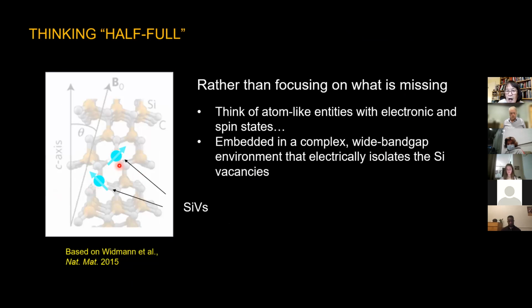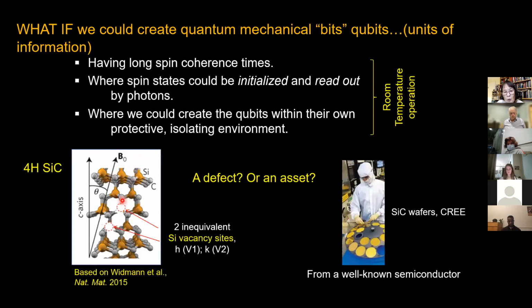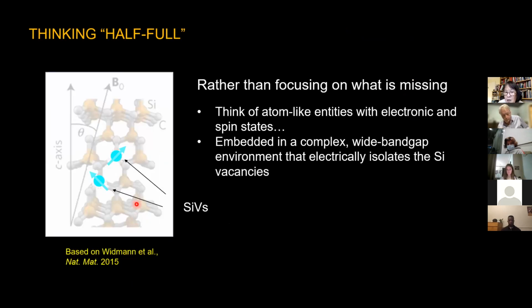Think of atom-like entities. After all, where there are these missing silicon atoms, there are still electrons that surround that area. There are still electronic states and possibly spin states. So think of those atomic scale entities as units with their own electronic and spin states, embedded in this matrix of a silicon carbide wide bandgap material that electrically isolates the silicon vacancies.